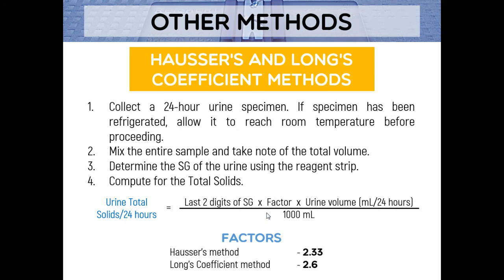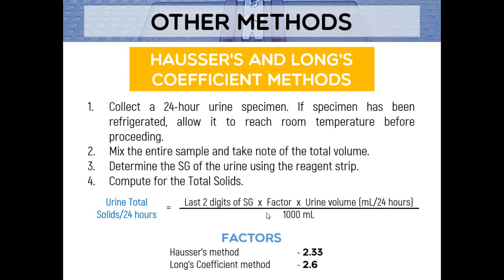I think this is just my own deduction. They derived a method, a way to really prove their claim or support the notion that solids can be calculated or estimated by using the SG of the urine specimen. But again, according to Addis et al., it is useless.